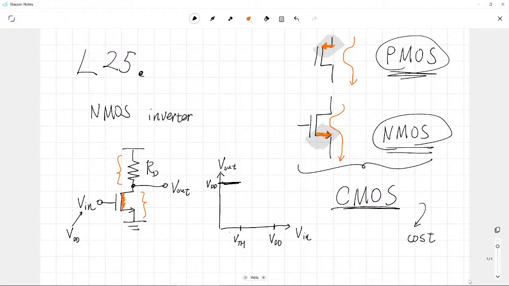Of course, let's say the ideal case, if this one has a much higher conductance than this RD, then what will happen? Then we will have the output value quite close to this value, so zero value, idealized value. However, let's think about the opposite case.